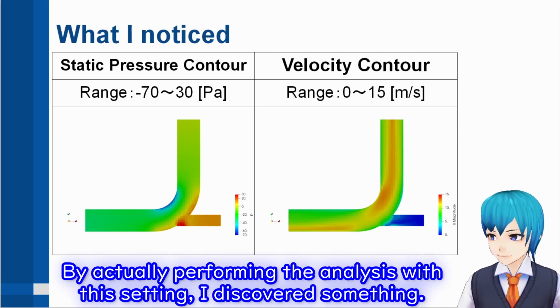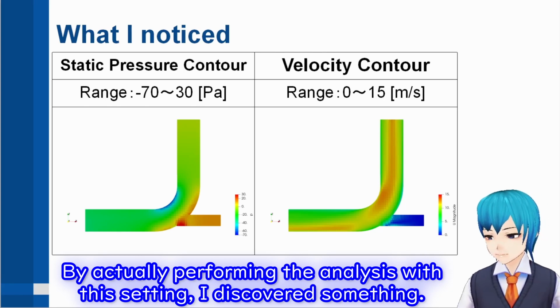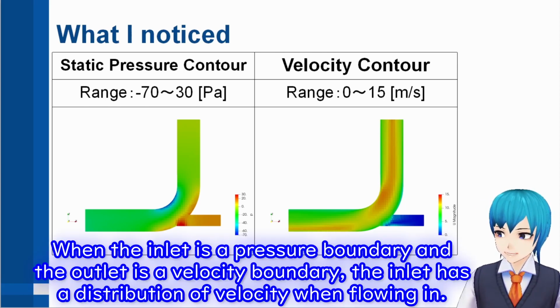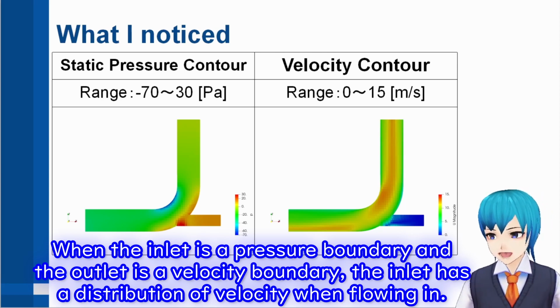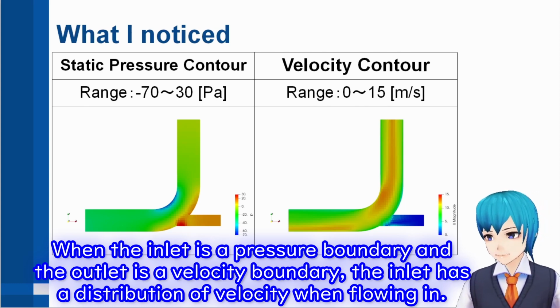But actually, performing the analysis with this setting, I discovered something. When the inlet is a pressure boundary and the outlet is a velocity boundary, the inlet has a distribution of velocity when flowing in.